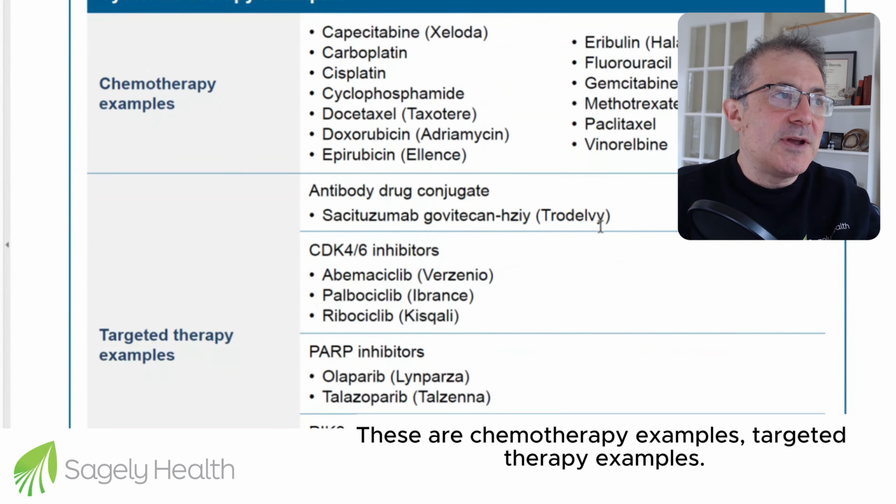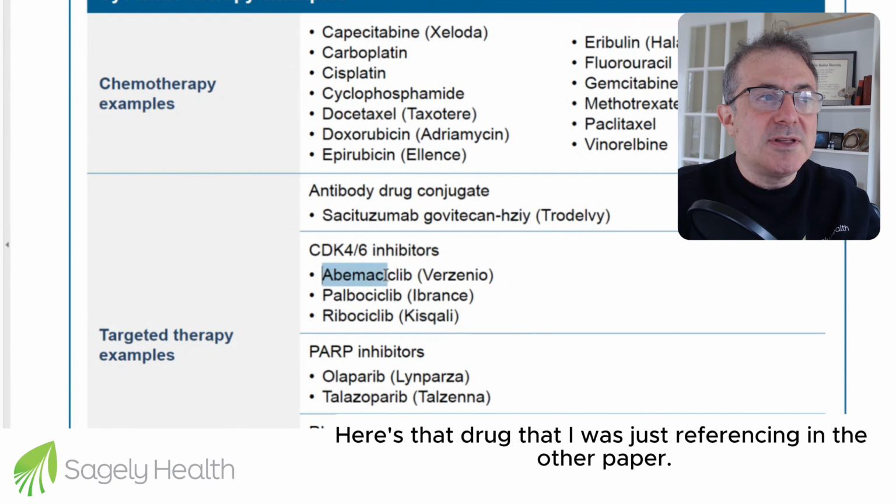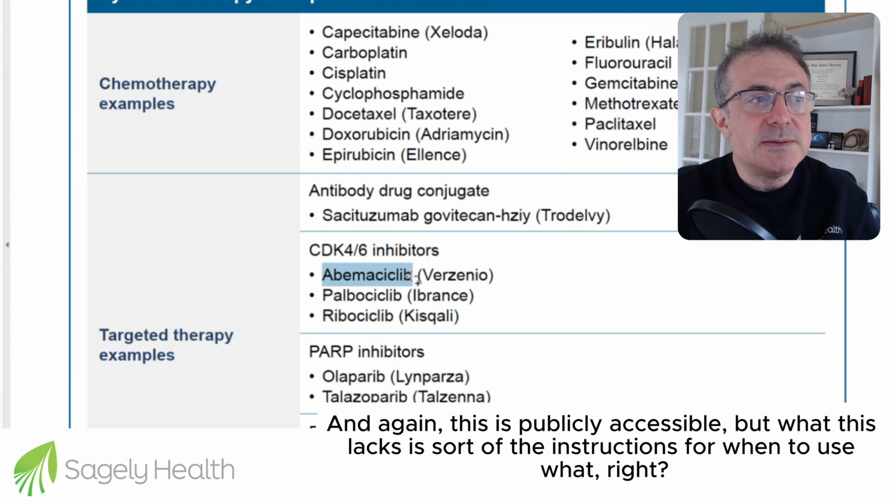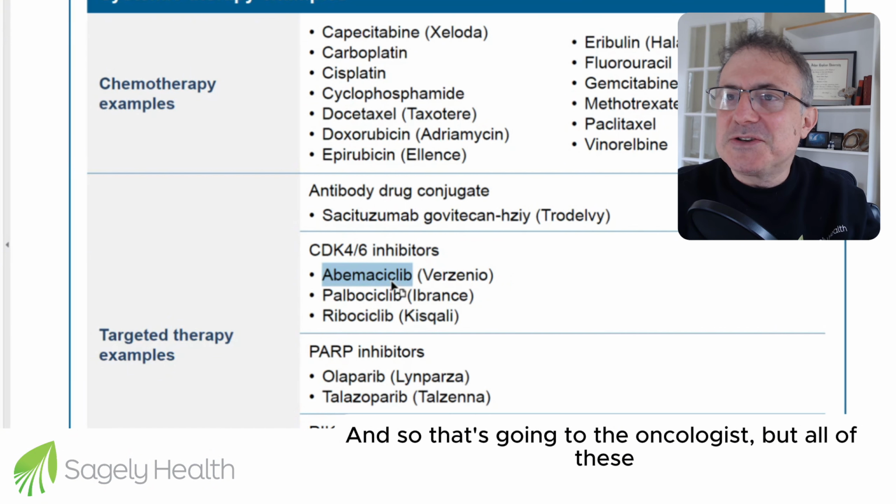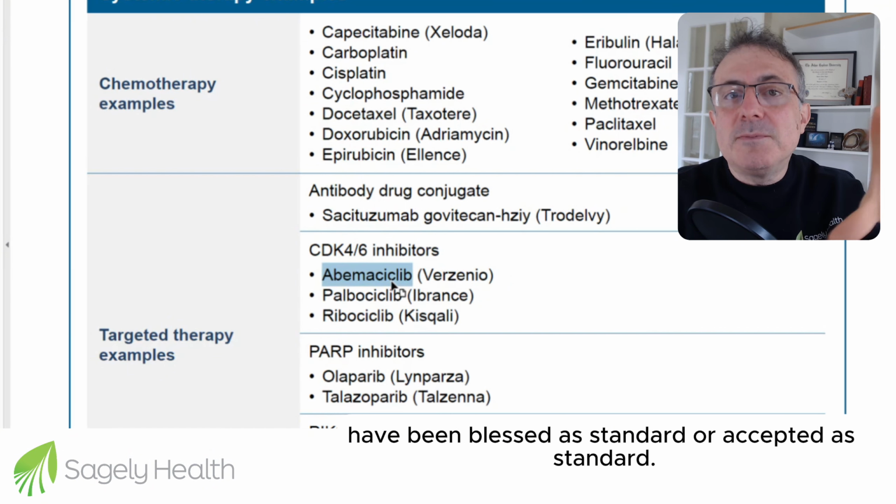These are chemotherapy examples, targeted therapy examples. Here's that drug that I was just referencing in the other paper. And again, this is publicly accessible. But what this lacks is the instructions for when to use what, right? And so that's going to the oncologist. But all of these have been blessed as standard or accepted as standard.